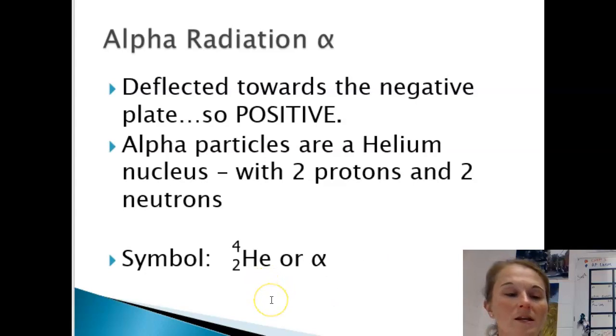So when an unstable atom breaks down into something else and it gives off alpha radiation, it is going to give off a helium nucleus. And here we see helium with a mass of 4 and 2 protons. We can also abbreviate it with the alpha symbol.